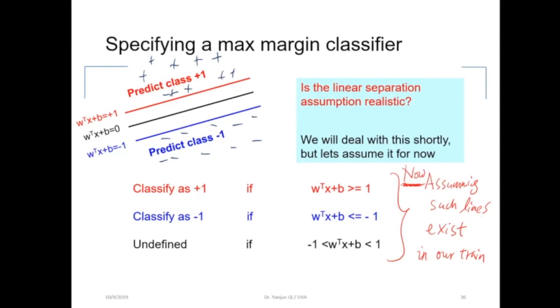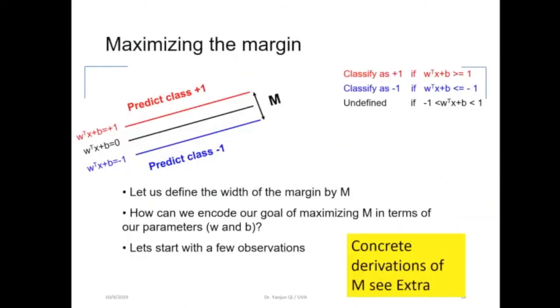How do I represent margin? After you have this formulation, the margin is easily represented by W. So the margin M, that's the width, has a very easy analytic form related to the W vector. Let's just do a simple derivation, which is actually extremely simple.